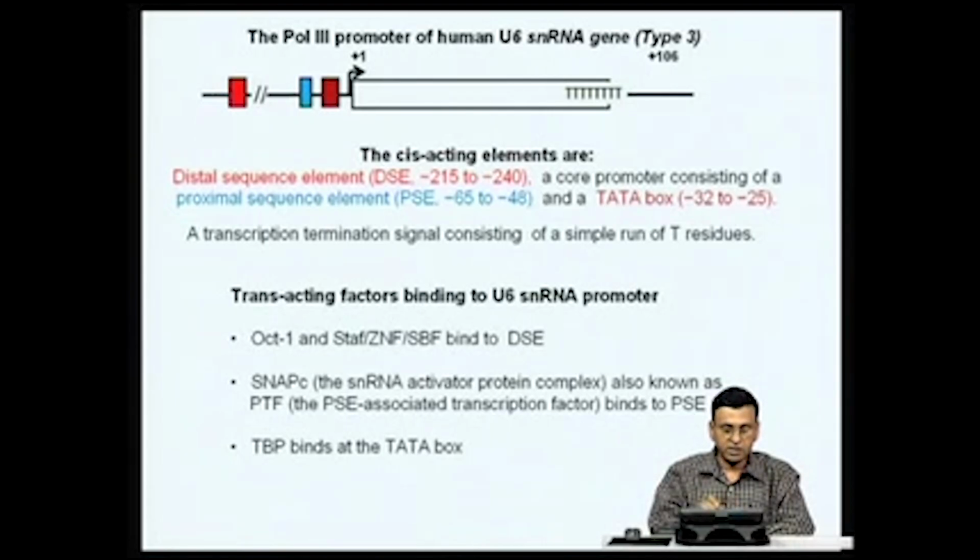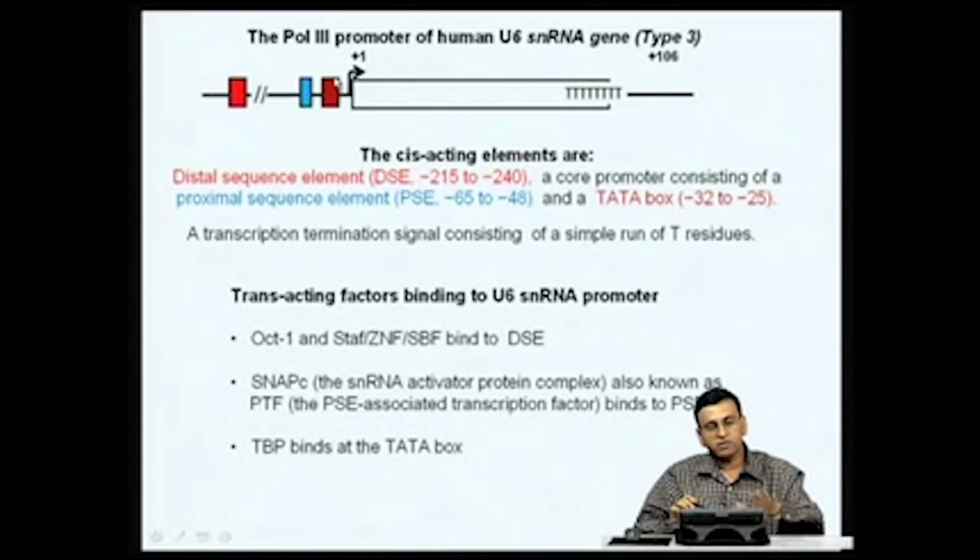The transacting factors which bind to the U6 snRNA promoter in humans, where the promoter is extragenic, are primarily OCT1 and a STAF, ZNF143 or SBF protein. These are variously named. They bind to the distal sequence element, whereas a protein called SNAPC, or the snRNA activating protein complex, also known as PTF or the proximal sequence element associated transcription factor, binds to the proximal sequence element, and of course the TATA binding protein occupies the TATA box.